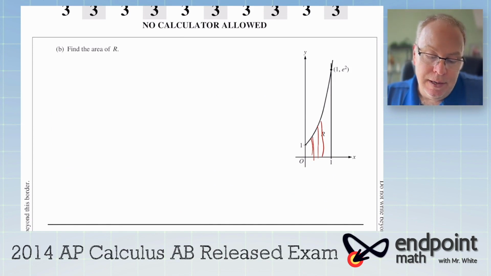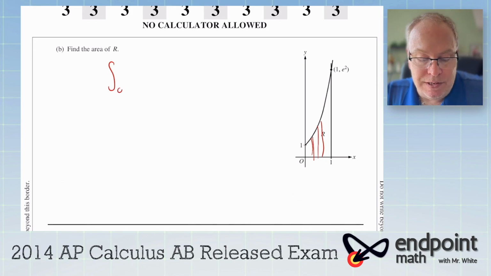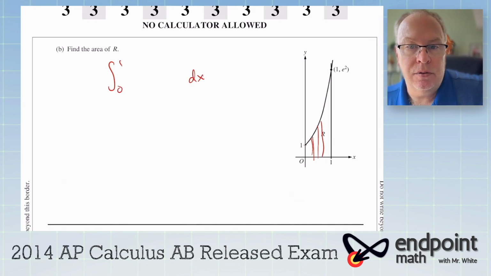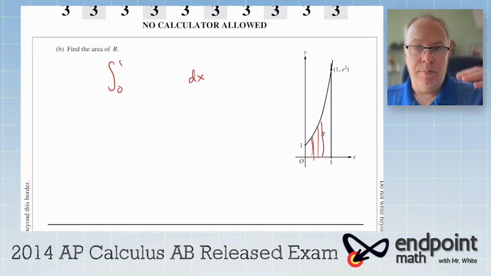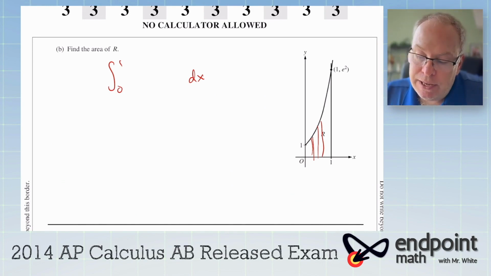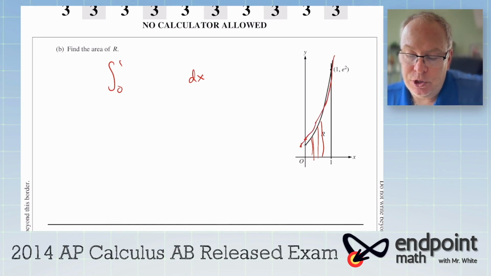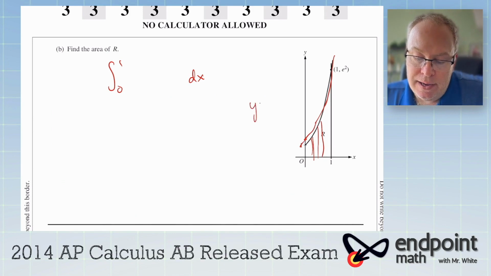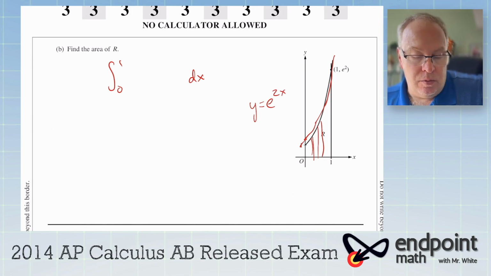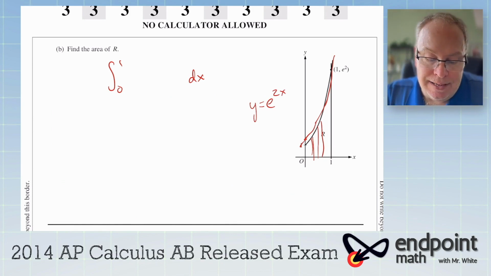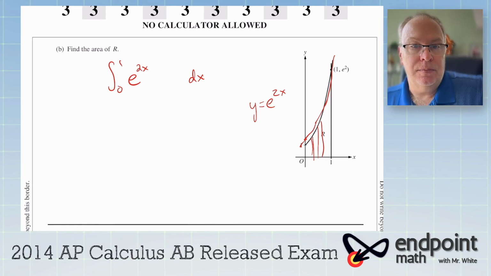So we've got the integral from 0 to 1 because we're doing this with dx's as our width on our rectangles, right? It's always upper function minus lower function, but we only have one upper function. It's that y equals e to the 2x function. So we're going to integrate from 0 to 1 of e to the 2x dx.